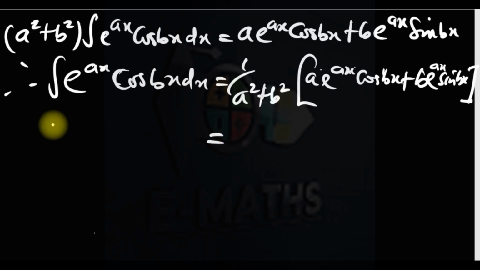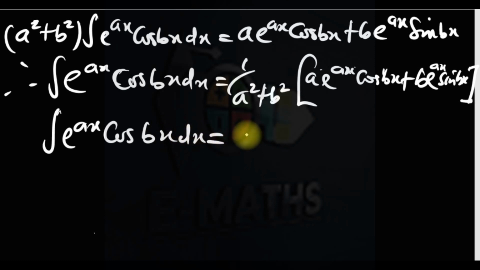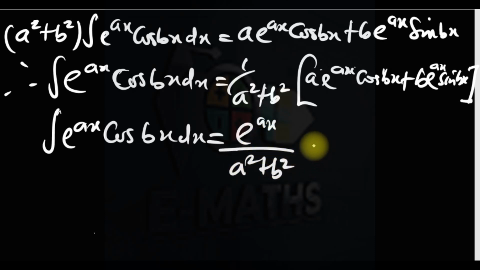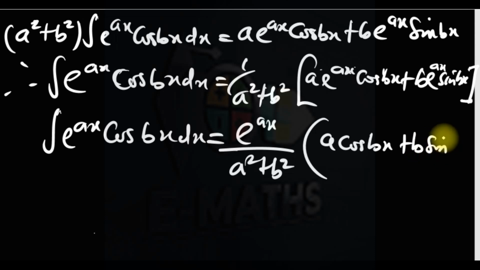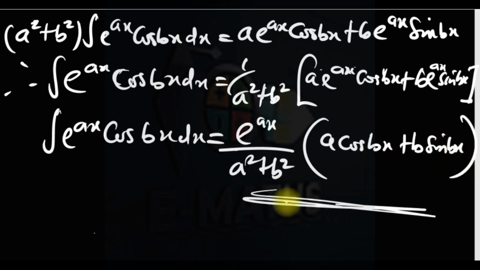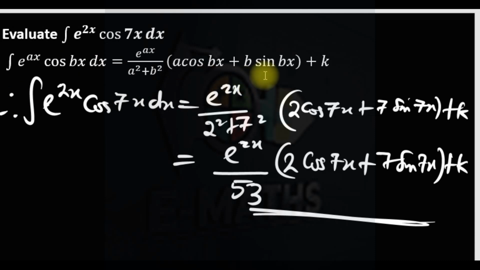We can see that what is common in both is e raised to power ax, so it is e raised to power ax over a squared plus b squared, times a cos bx plus b sine bx, plus k, the constant. So that's the formula. That's why we used that very fast. We are given that, we don't need to waste our time. So that's it, the same.